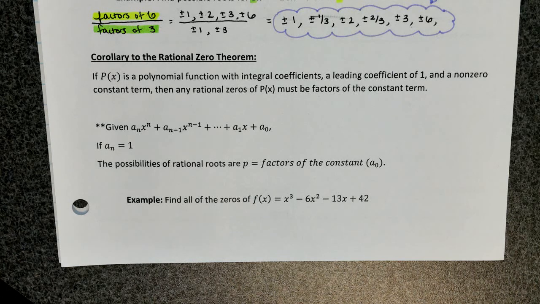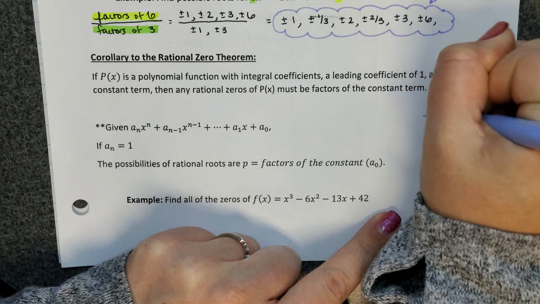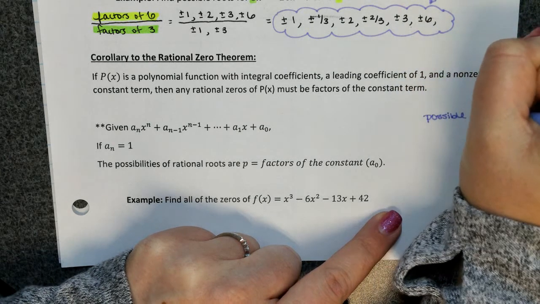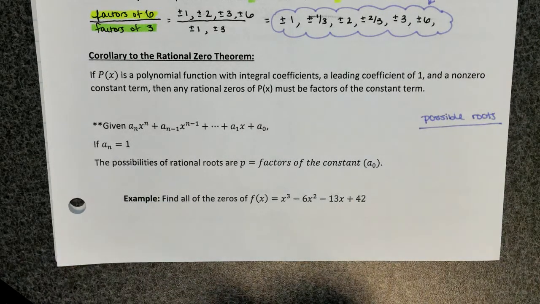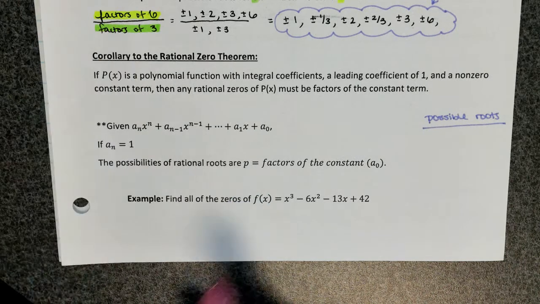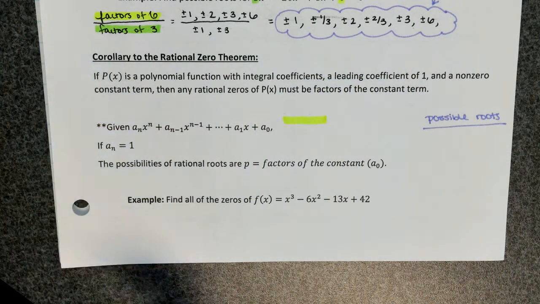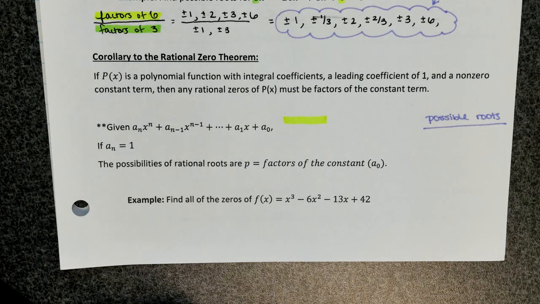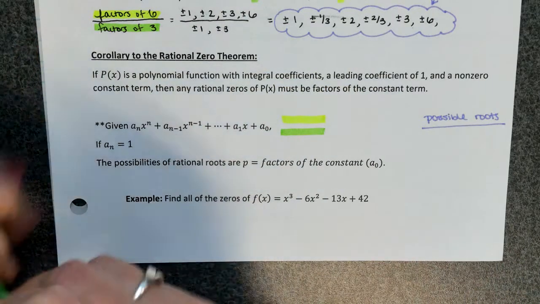So we'll do it with this one here. All right, so our possible roots. We're going to come up with that list right here. Okay? Now, you can always think about it like this. We would have the factors of the constant on top, and the factors of the leading coefficient on the bottom.